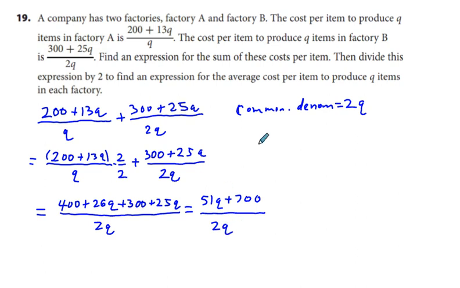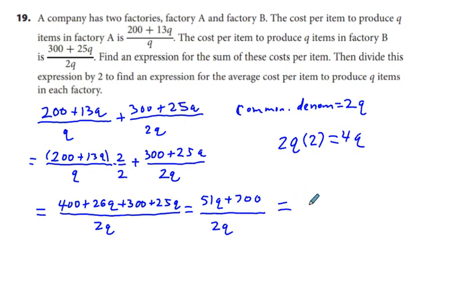And then the very last thing it asks for is to divide this expression by 2 to find an expression for the average cost per item to produce Q items in each factory. Well, to do that, we just multiply our denominator by 2. So our denominator of 2Q times 2 is going to be equal to 4Q.